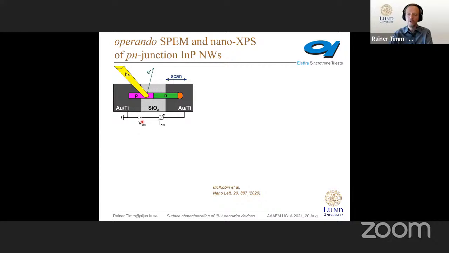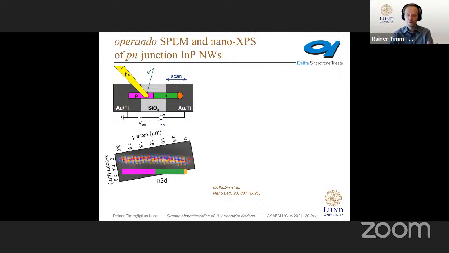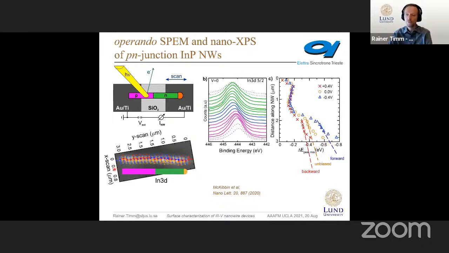The reason that we put the nanowires on separated electrodes is that we can now apply a bias between both sides. Then again, we move the wire through our beam and take individual spectra within a distance of 100 nanometers, and we can plot them together. This here is for the unbiased case, where you only see the built-in potential of the nanowire between the p-doped and n-doped area, the depletion zone.